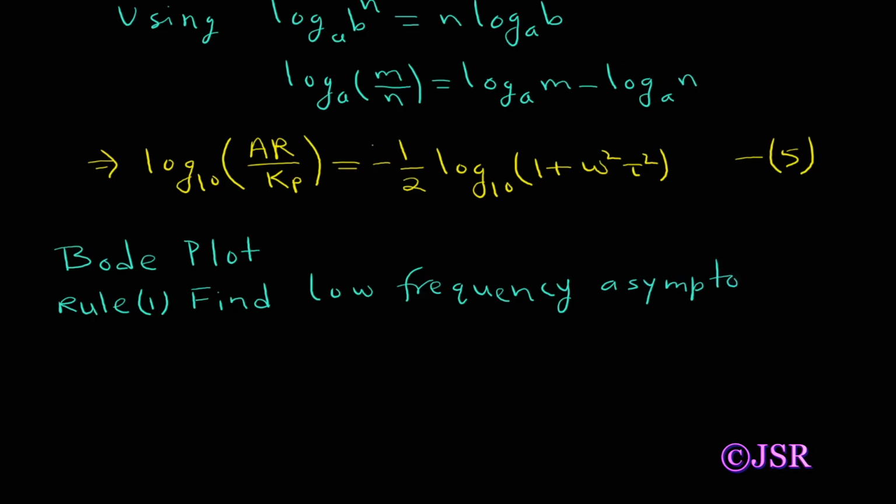So first find the low frequency asymptote by putting omega tends to 0. So when omega tends to 0, find the amplitude ratio or phase plot.